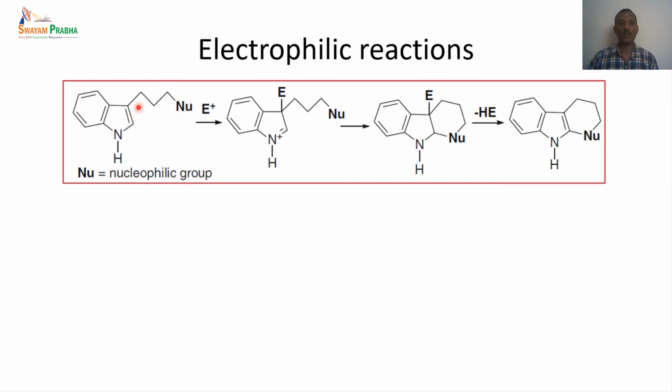Basically, there is a nucleophilic substituent present on the 3 position after the electrophilic attack, and this can undergo a cyclization to give this particular cyclized, that is, 3-ring fused derivative. So many indole derivatives are multi-ring fused compounds, and this electrophilic substitution enables the formation of these kinds of rings.